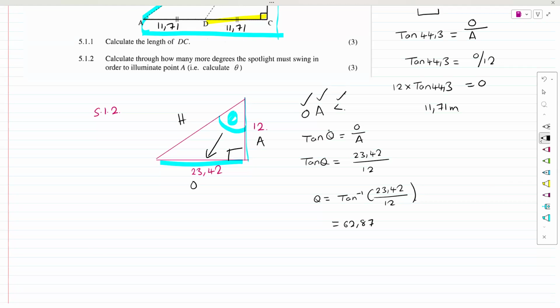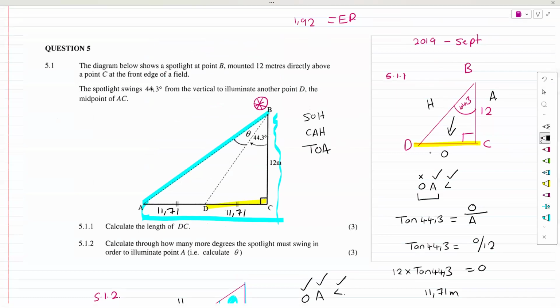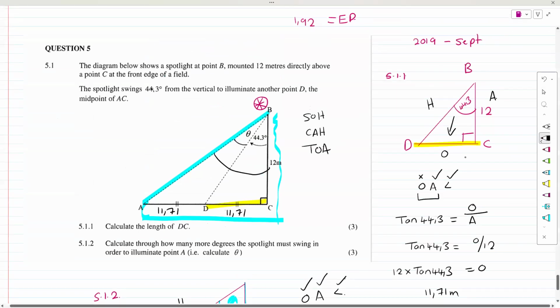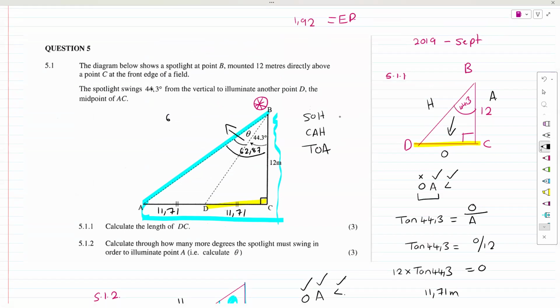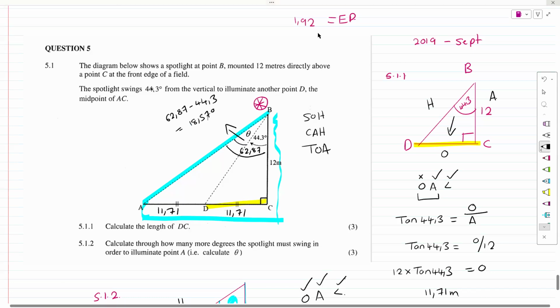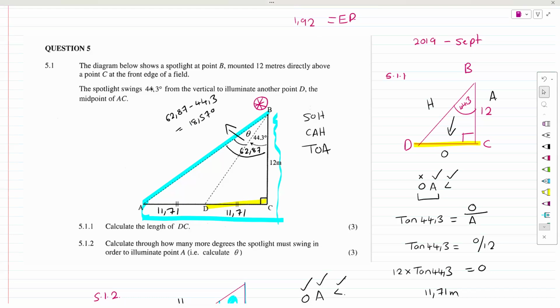Now I'd like you to understand something. This entire top angle is 62.87. So if I want to get theta, I have to take 62.87 minus 44.3, and I should end up with 18.57 degrees. And that should be the end of this question.